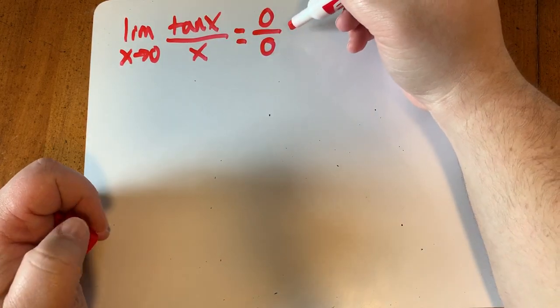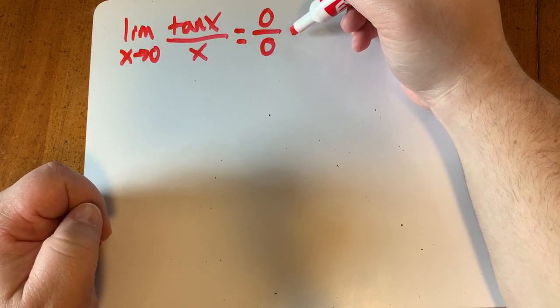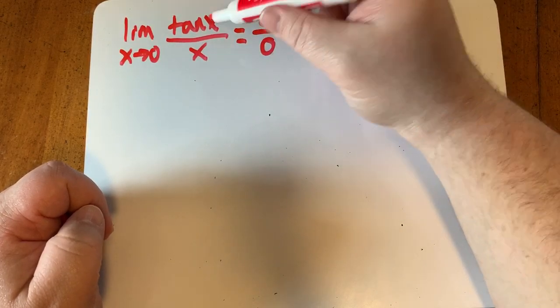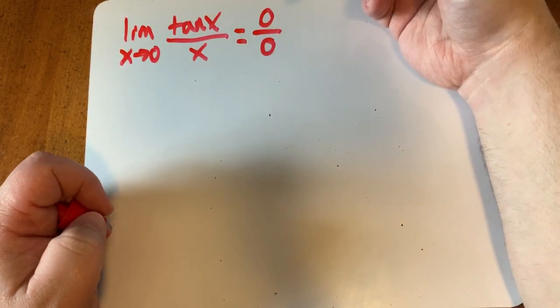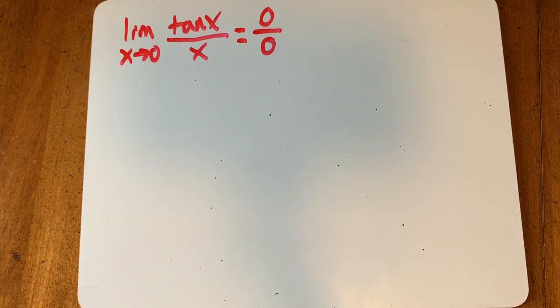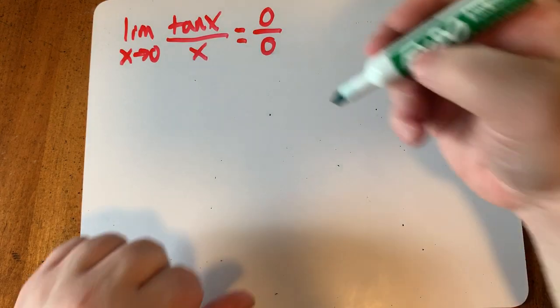So that means it's most likely going to have a limit there. Most of the time, if you get that indeterminate form when you plug it in, it's actually going to have a limit. You'll understand that more next year when you learn about something called L'Hopital's rule, but we're not covering that this year. That's a calculus thing.